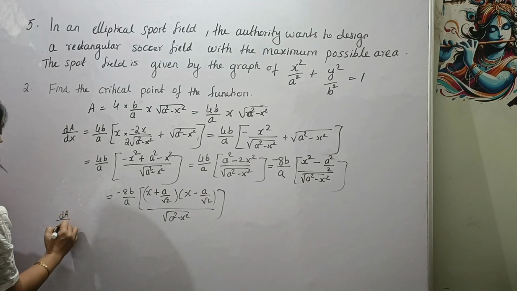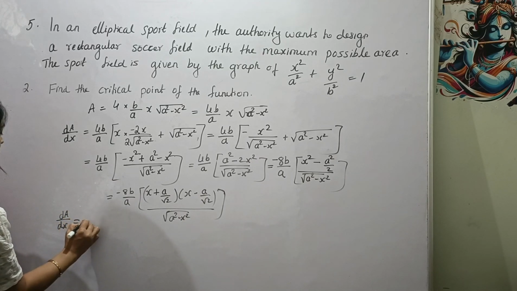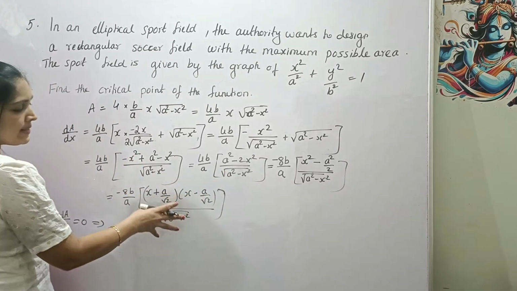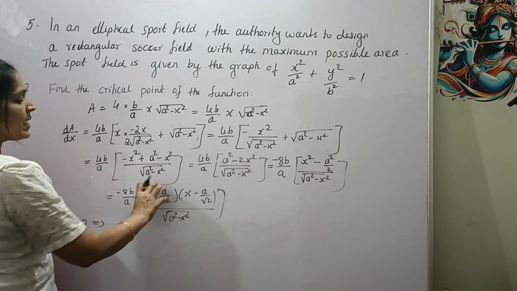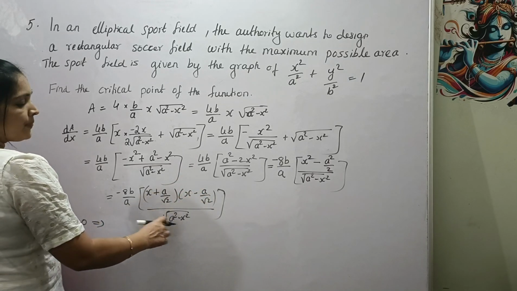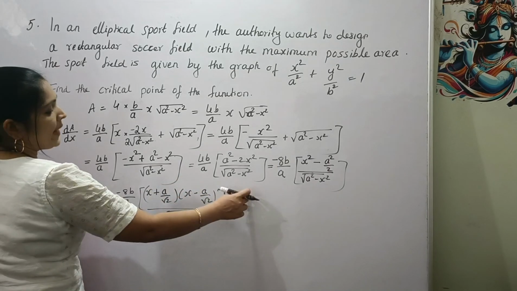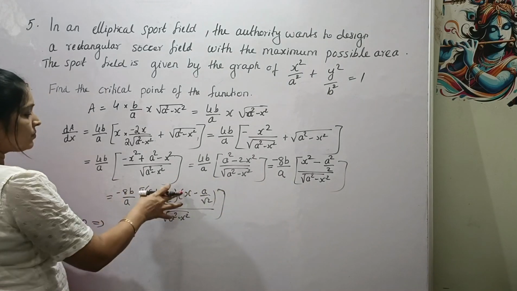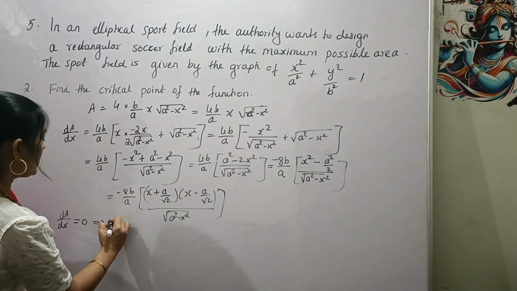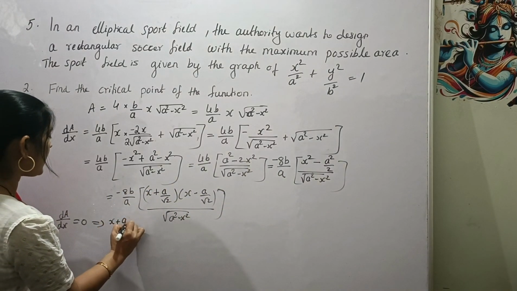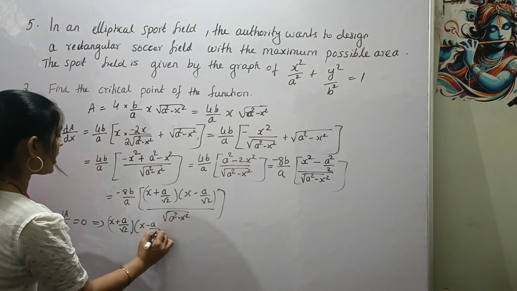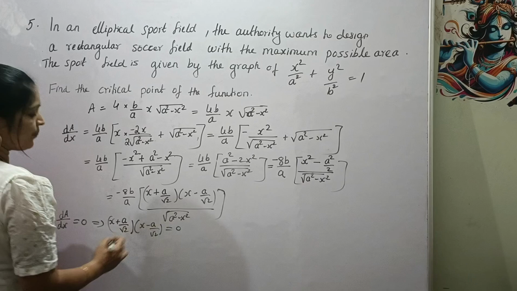So dA by dx is equal to 0 implies this expression is equal to 0, implies these factors. We can take this constant to the right side, it will be 0. So the remaining is x plus a by root 2 into x minus a by root 2 is equal to 0.